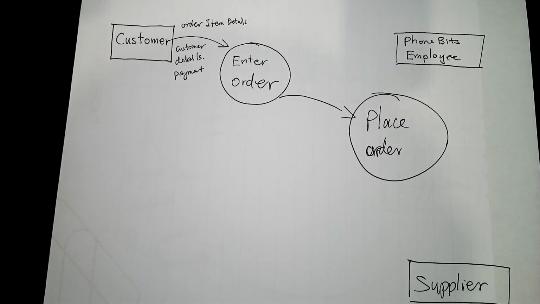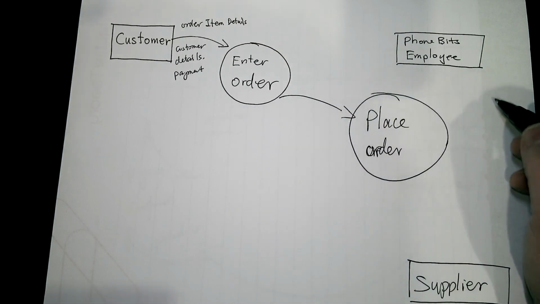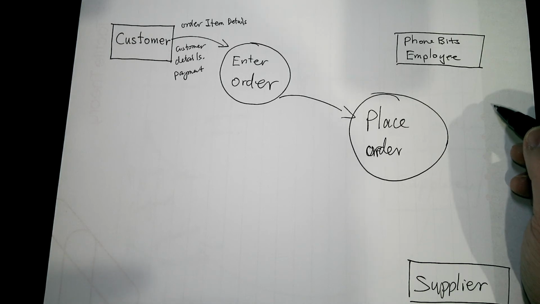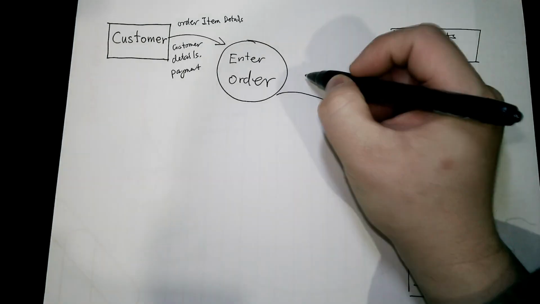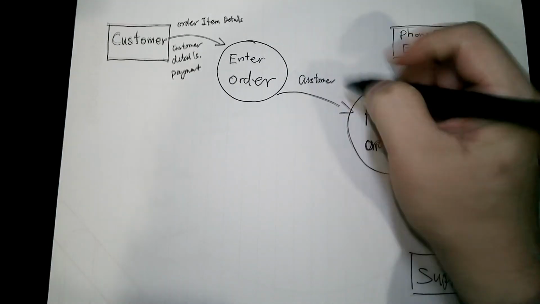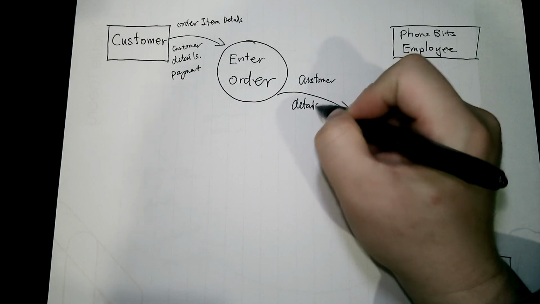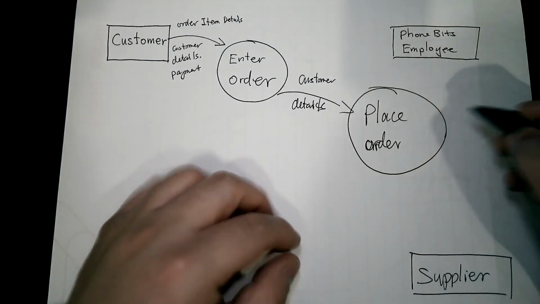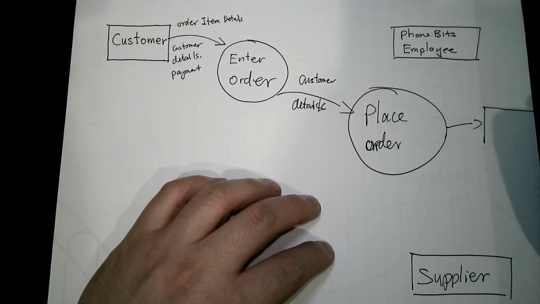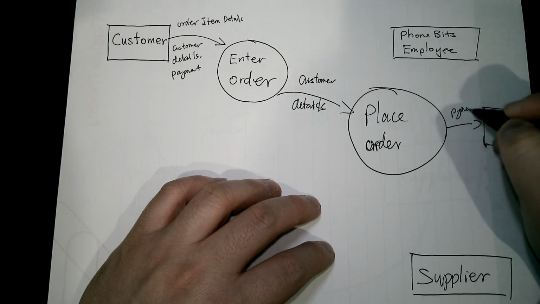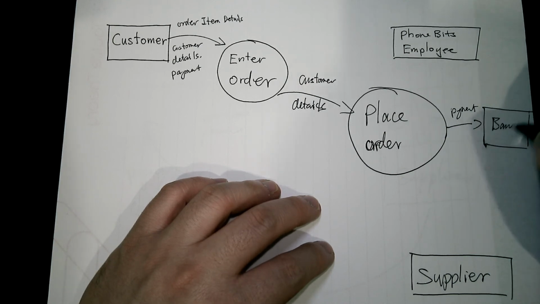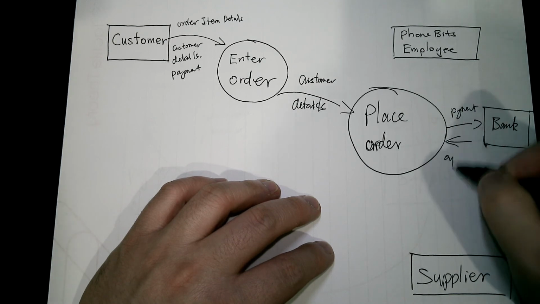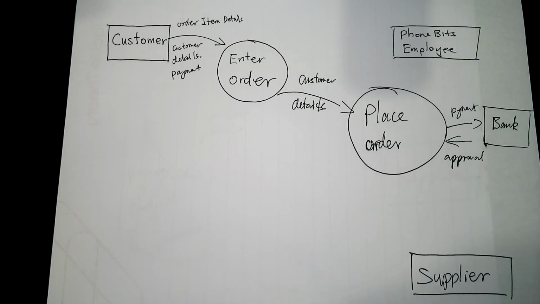Now, the payment. To place the order, we need the customer details, right? And then when we place the order, we need another external entity for the payment, going to the bank, and coming back for approval, payment being approved.